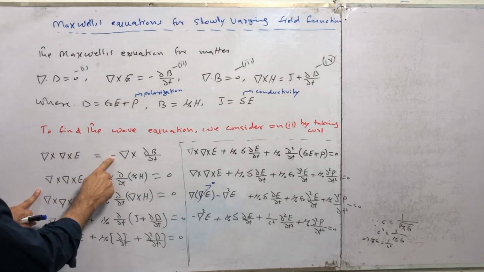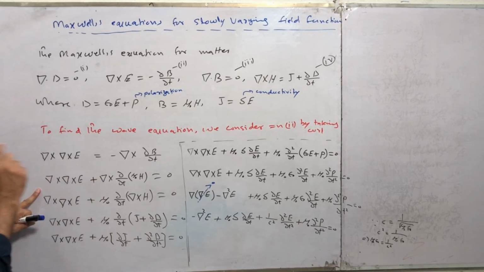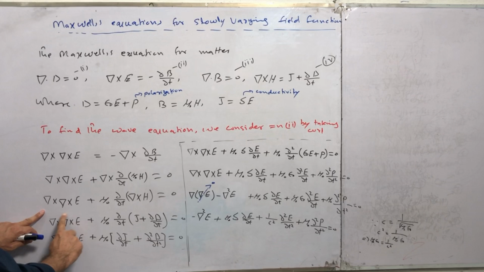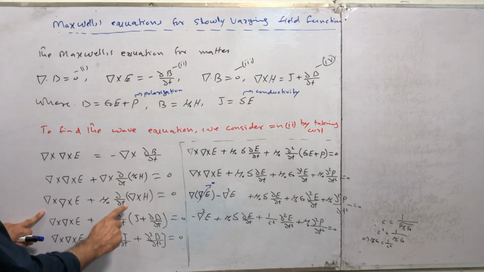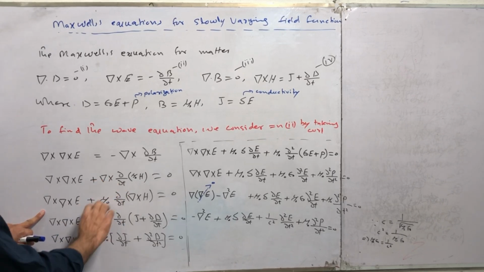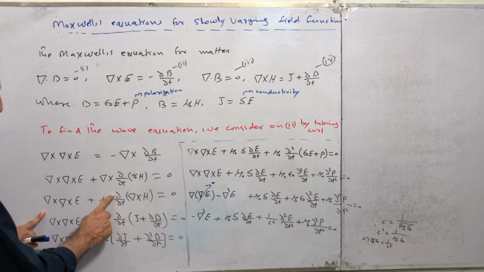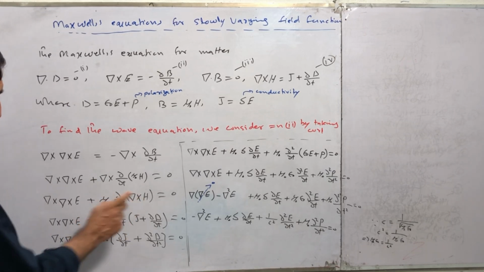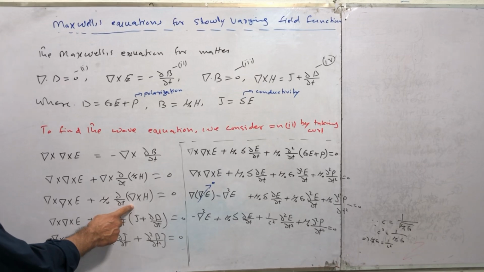So this is minus, this should be plus, and putting the value of B as mu naught H, we can interchange the derivative, partial divided by partial t of del cross H. And what is the value of del cross H?